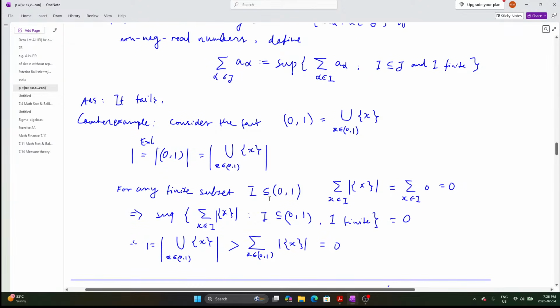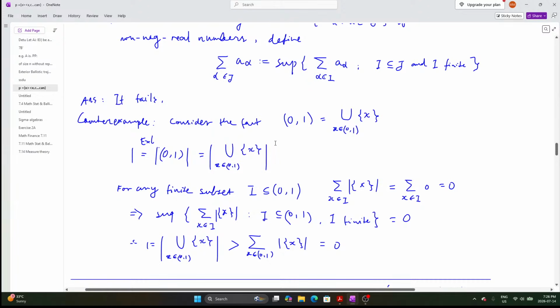But anyway, that's the counterexample. You can consider the open interval 0 to 1 as the uncountable union of singletons x. Of course, this is an uncountable union. Of course, 0 to 1 has an outer measure of 1.